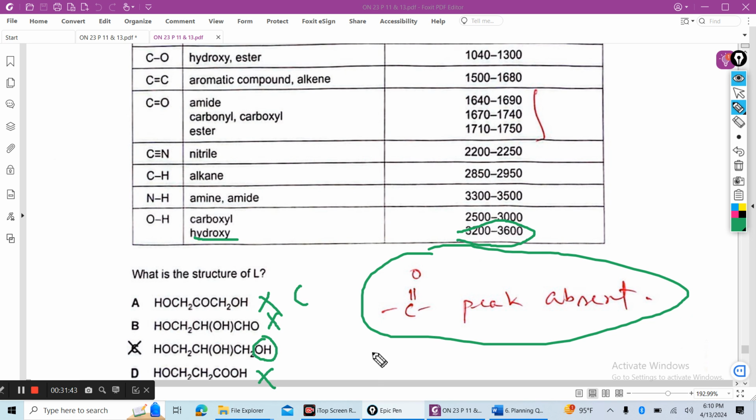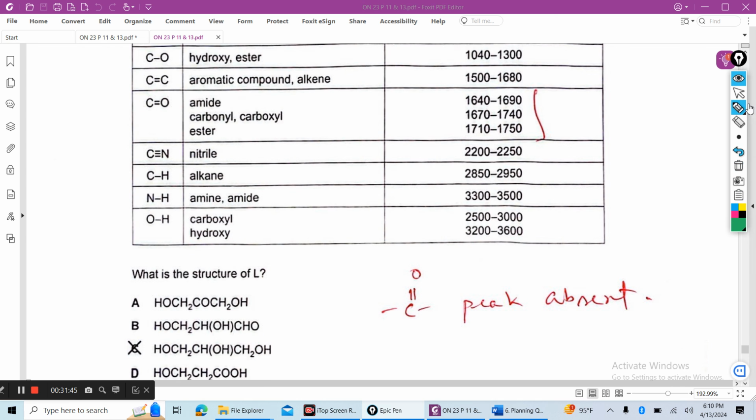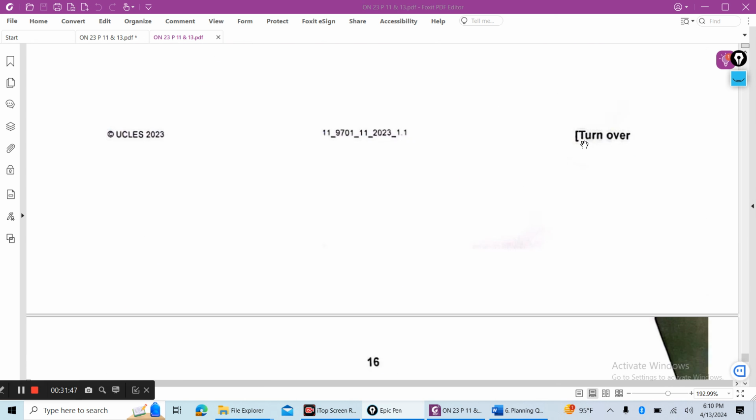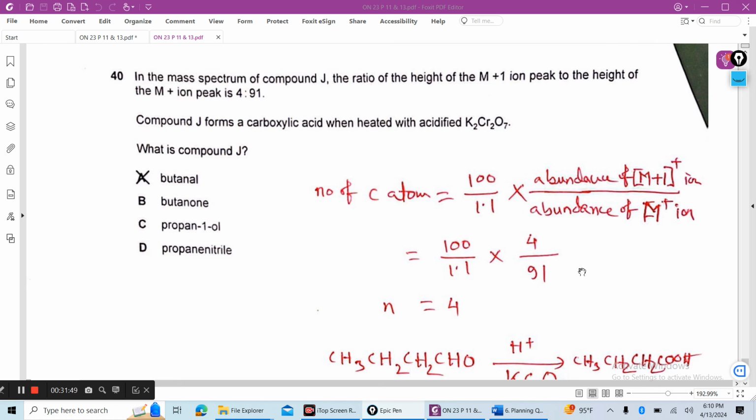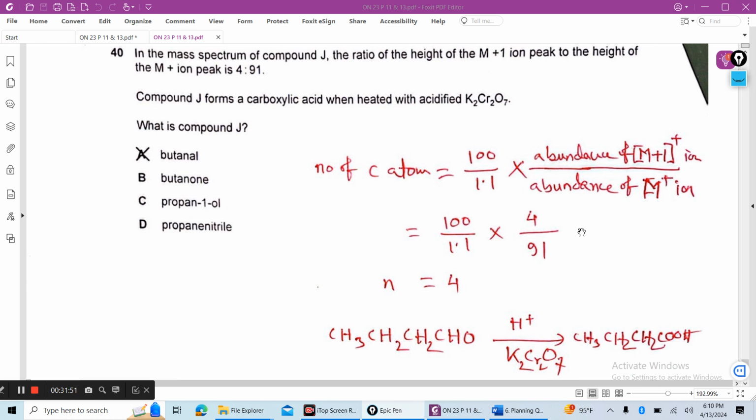Next, 40. In a mass spectrum of compound J, the ratio of the height of the M plus 1 ion peak to the height of the M plus ion peak is 4:91.